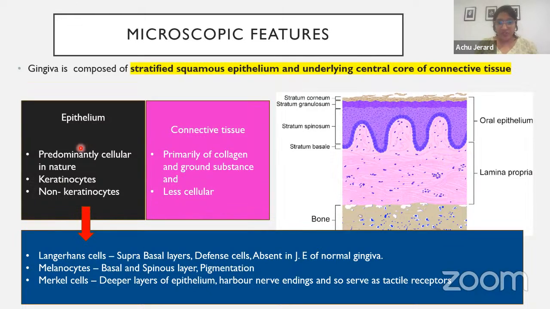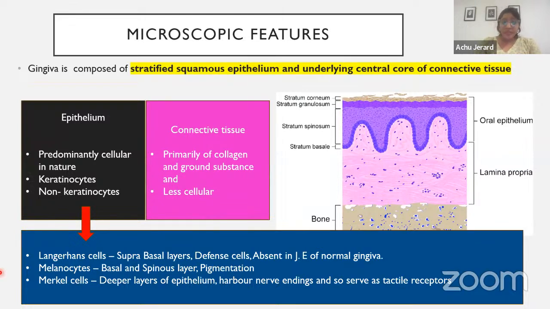Any epithelium, especially the keratinized ones, will have four strata, right? Stratum basale, stratum spinosum, granulosum, and corneum, for the keratin layer. So the epithelium has these four layers, and you should know where each of these cells is present.